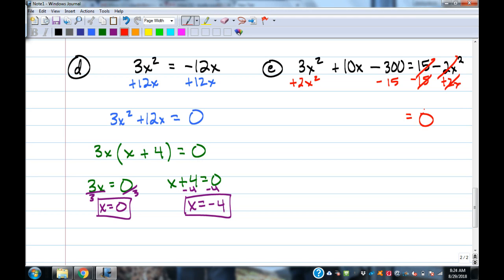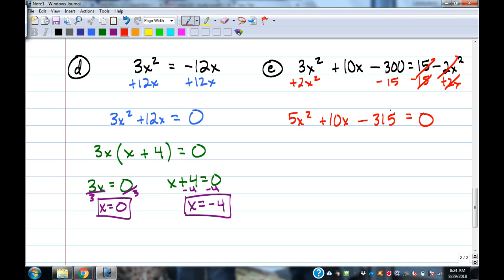That's the first thing you should do when solving by factoring: getting it equal to 0 is the key. Technically, if you solve by graphing, it is too. But that'd give us 5x squared plus 10x minus 315.